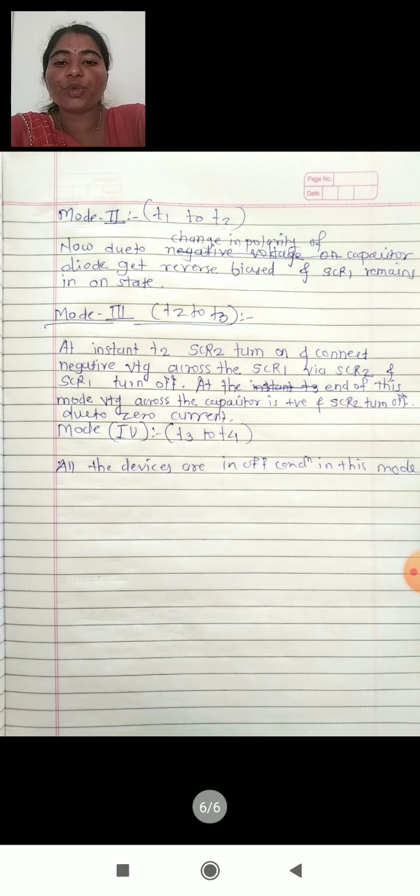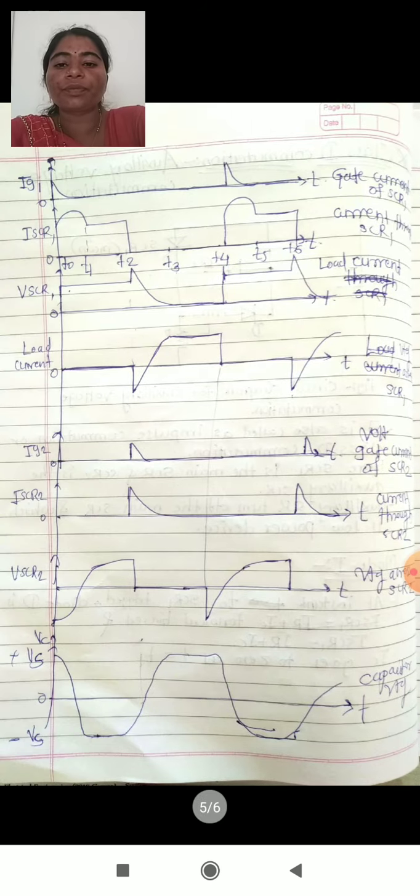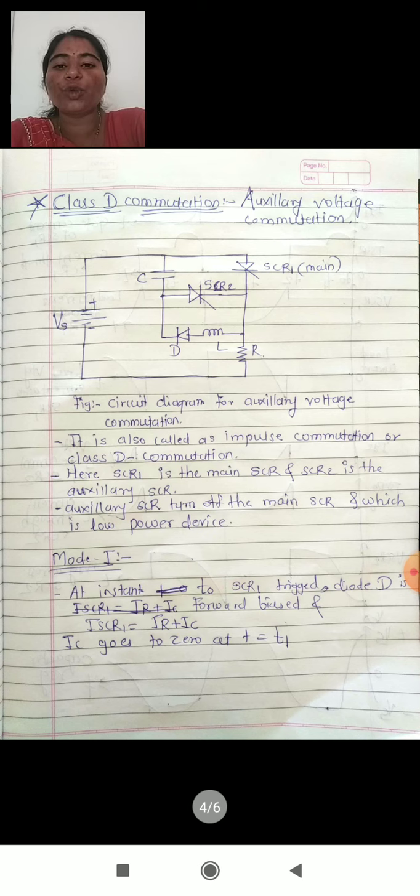At instant T2, SCR2 turns on and connects the negative voltage across SCR1. When SCR2 gets connected, it provides the negative voltage to the SCR because the capacitor has changed its polarity, and negative voltage is provided to the anode terminal of SCR1.